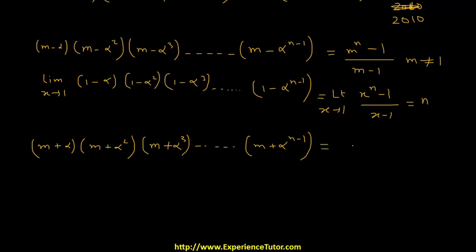It will give (1 minus m to the power n) upon (1 plus m) into minus 1 to the power n minus 1.